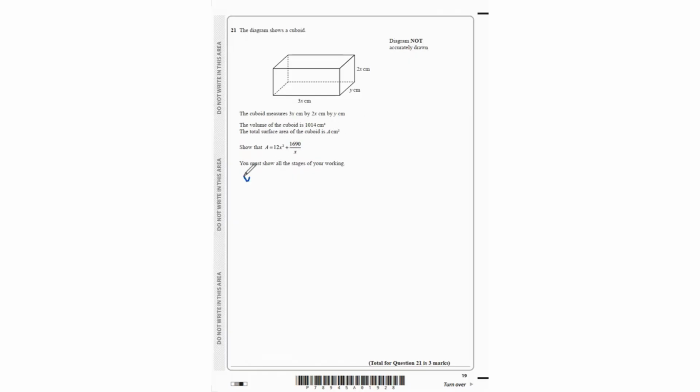So the volume formula for a cuboid is length times width times height. So that's going to be 1014 equals 3x multiplied by y multiplied by 2x. That equals 6x squared y.